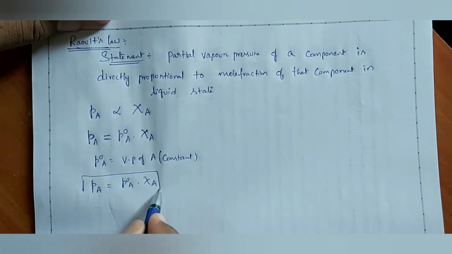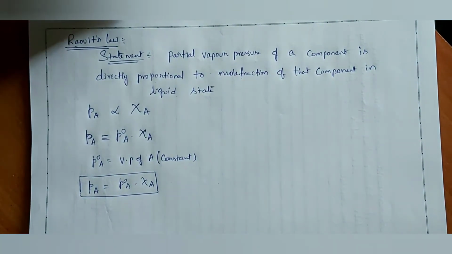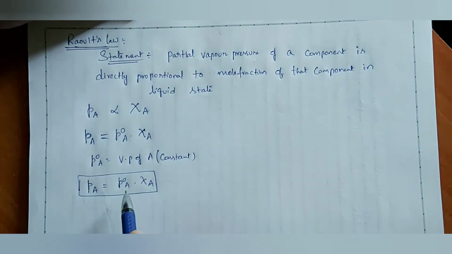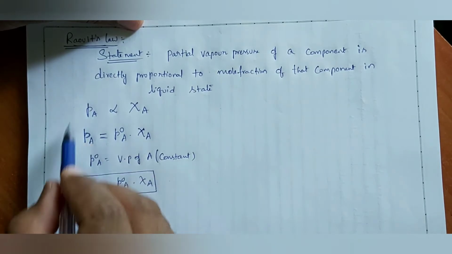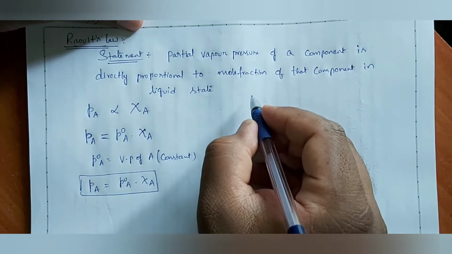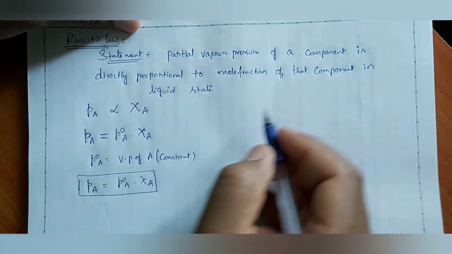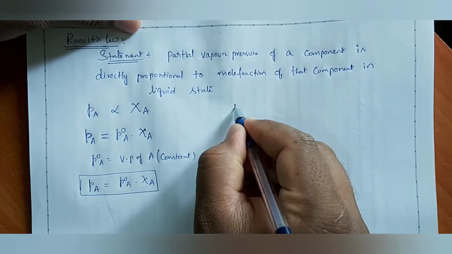This is the first one. Like this, if you have another component, because a solution contains two components, one component is discussed. Like that, for the other component, let A be the solute, I am going to consider B the solvent.